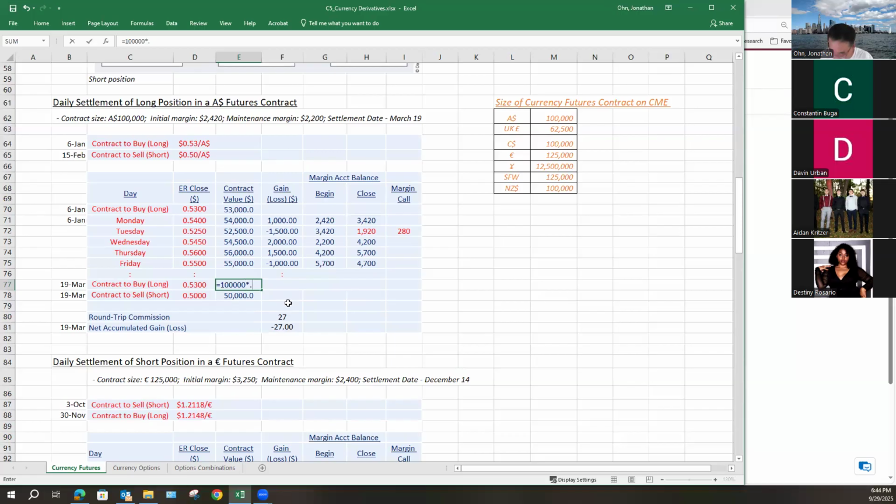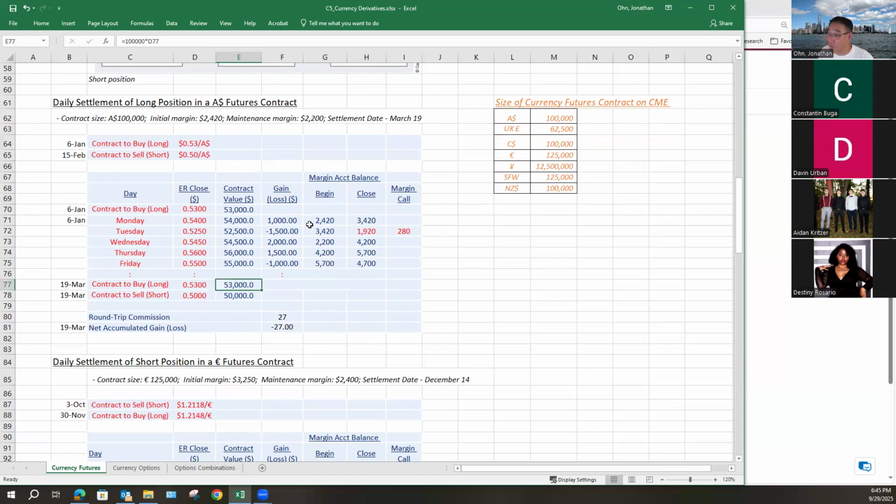So that's $53,000. That is your payment, not the receipt, because you are in a long position. You expected to pay $53,000.